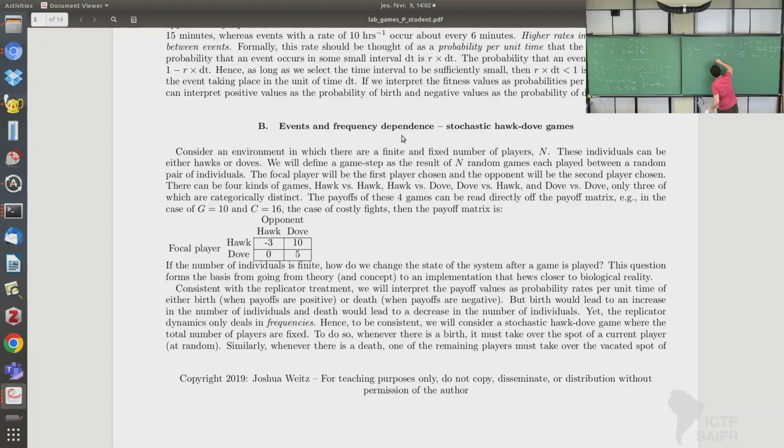Then you cycle through, and this is the part that sometimes is a bit counterintuitive. You basically cycle through n random games. What this means is that for each of these n games, and n can be interpreted as the population size, okay?